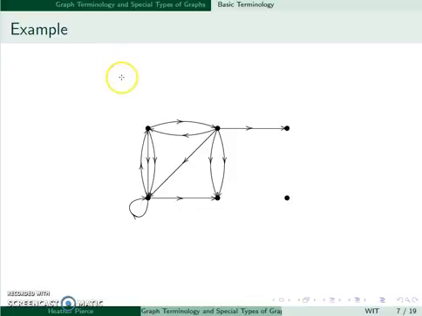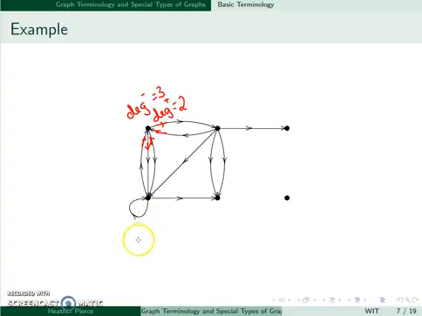So for example, this one, if I look at the in degree, I look at the edges coming into the vertex, which is 1, 2, 3. The out degree would be the number of edges leaving the vertex, which is 1, 2.